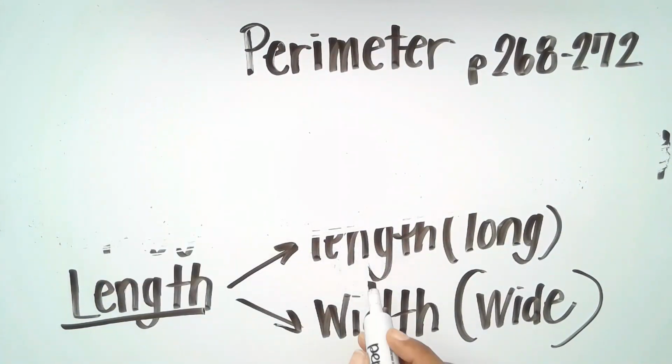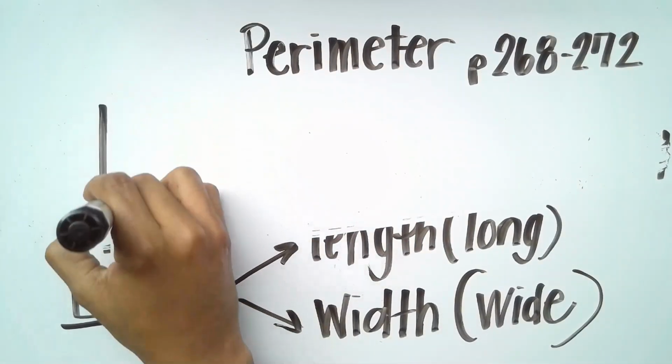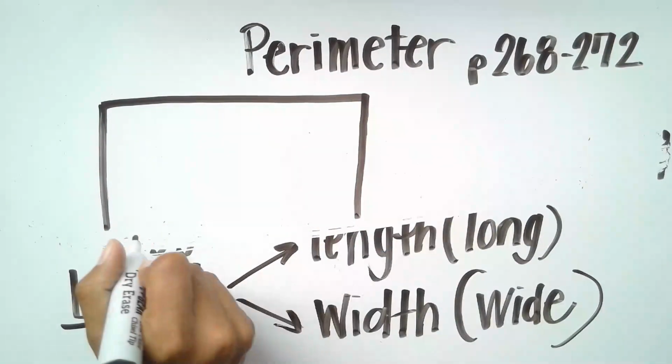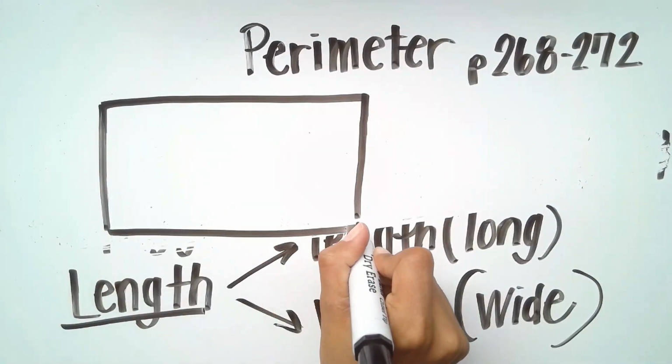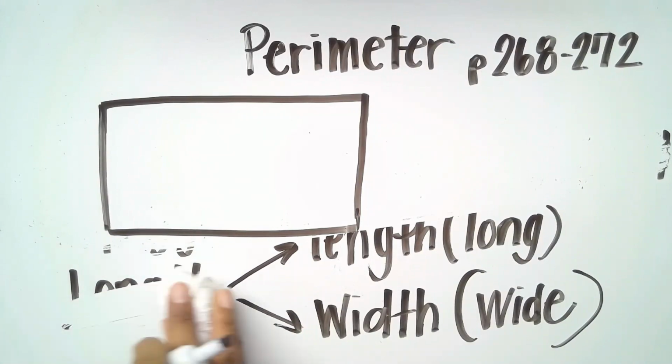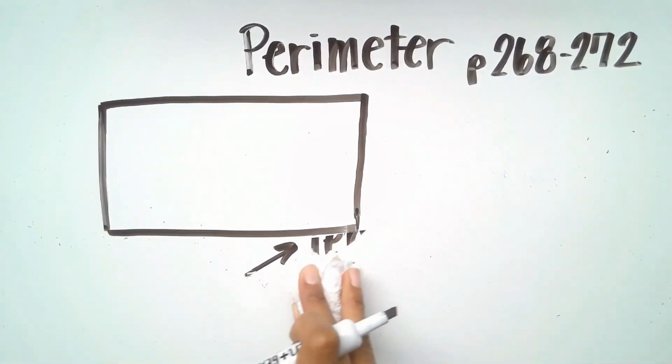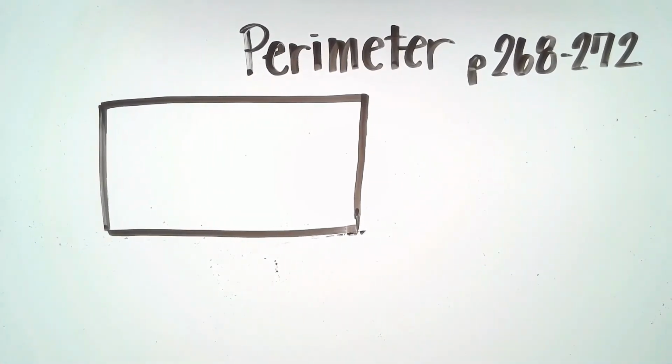So when we talk about the length and width of a shape, I just want to give you a quick example of that. So I'm going to draw a polygon or a quadrilateral on my notebook paper. And now I'm going to erase this bottom half because I believe that we should have had enough time to write that down. So I have got a polygon here on my paper.